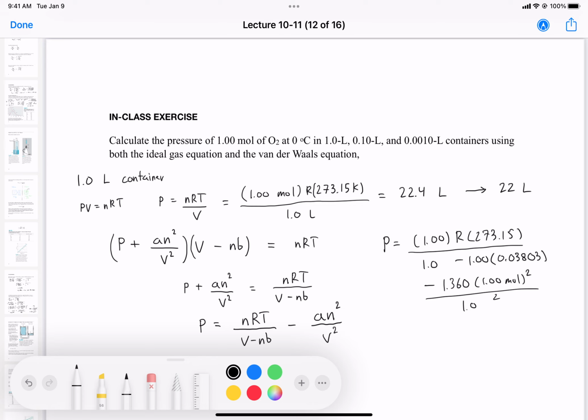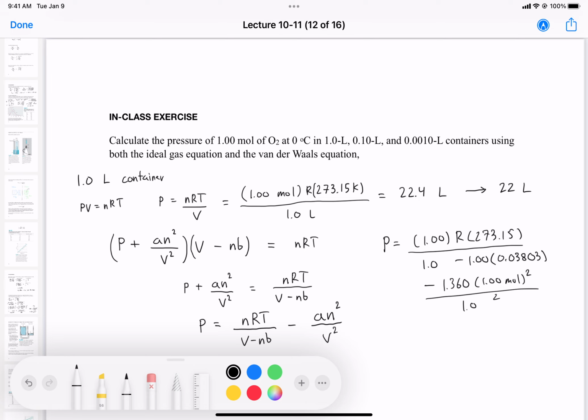we do get, I believe, so let's just do this calculation together here. The top of the first fraction is going to be 22.4, because we did that in the previous example. Then we divide by 1.0 minus 0.03803.